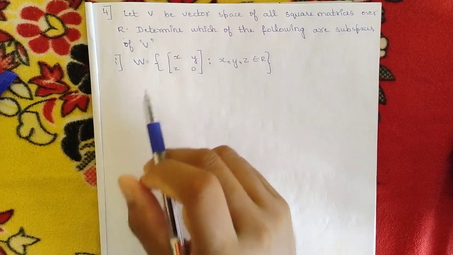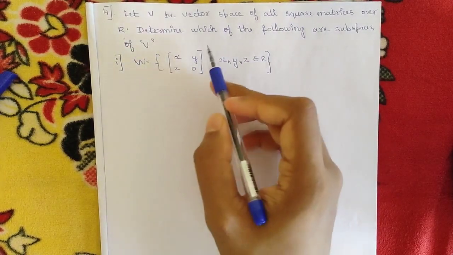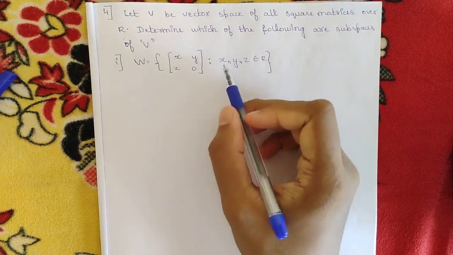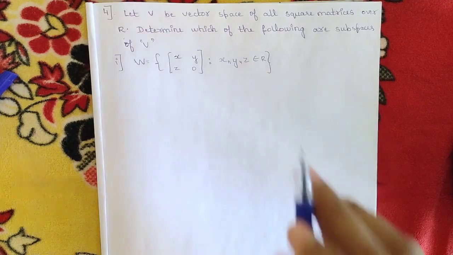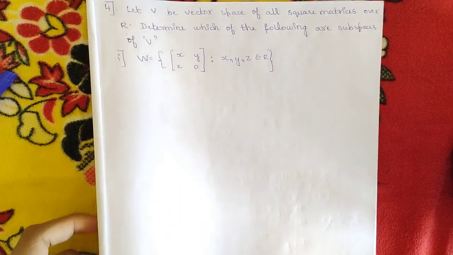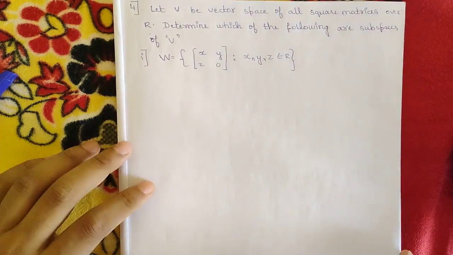One by one I'm going to solve. This is the first sub question where the value of W they have given as a 2 cross 2 matrix, that is x, y, z, 0, and the variables x, y, z belong to the set of real numbers R. So let us try to solve it, and let us see which of the following are the subspaces of V.